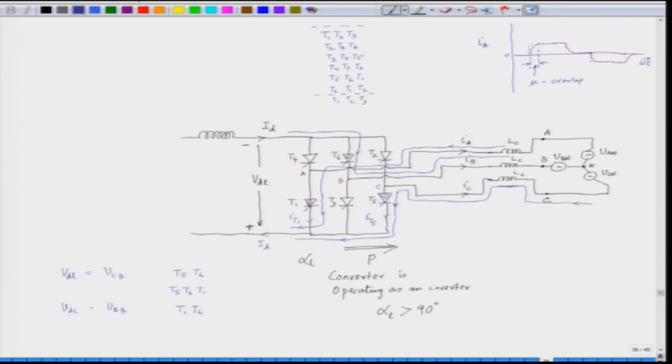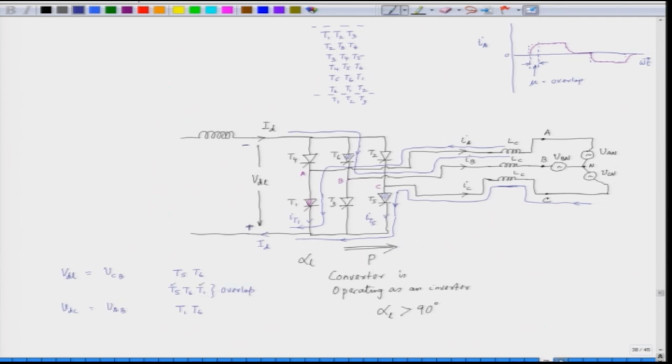This time for which there is a transition is called the overlap time. So, when we change from T5 T6 to T1 T6, there is a time for which both T5 and T1 are conducting. This is called the overlap time.